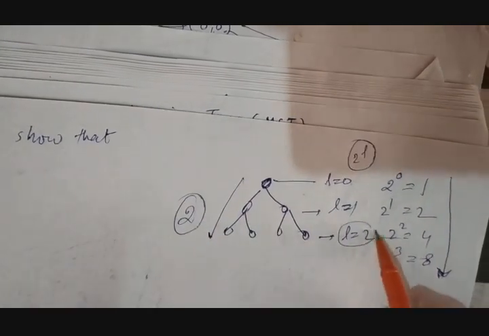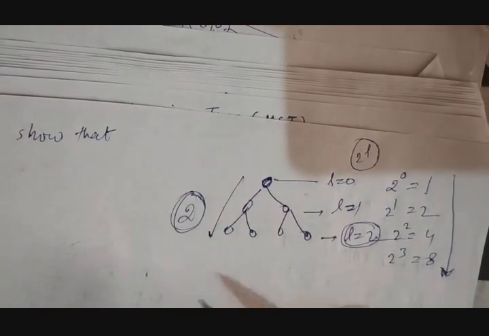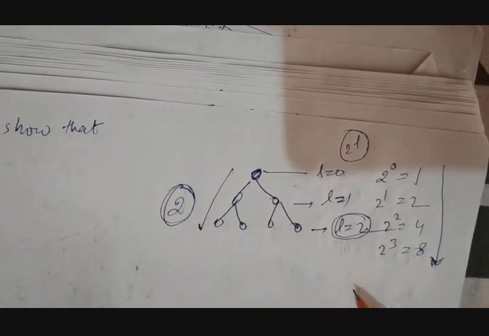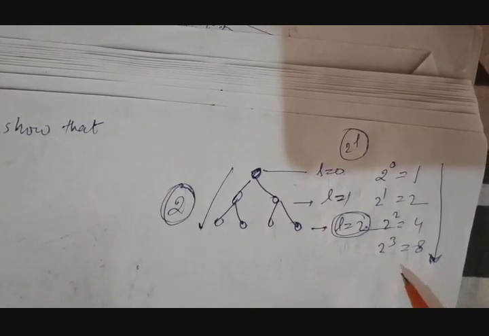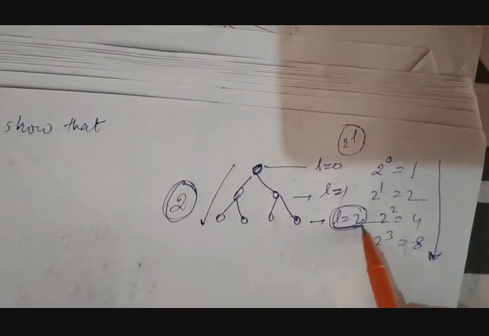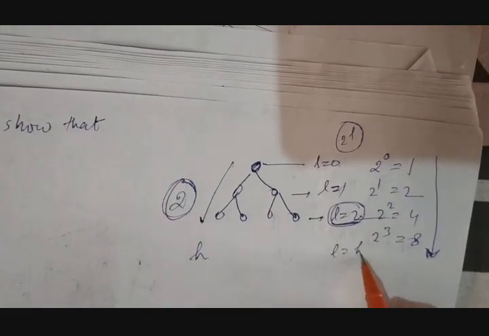The height of the binary tree is 2. So the maximum level number is 2, so the height is 2. If the height of a tree is h, then basically the largest level will be h. Just see here, the height of this tree is 2, so the maximum level is 2. Similarly, if the height of the tree is h, the maximum level will be h.